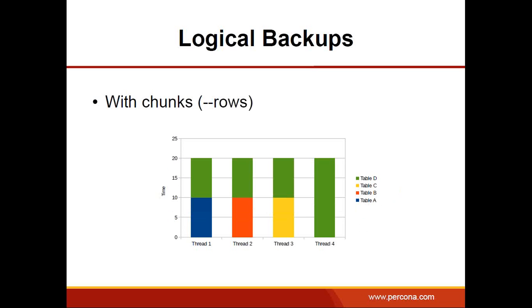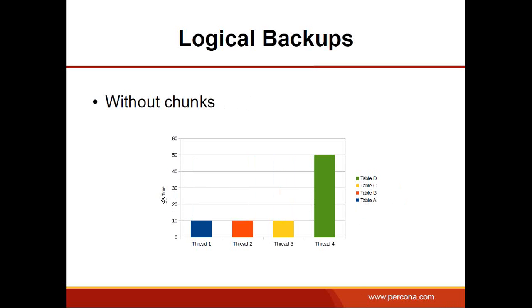In this case, when the first three threads finish dumping the first three tables, they will take care of the rest of the D table. In that case, we will improve times, as you can see, between this and this.